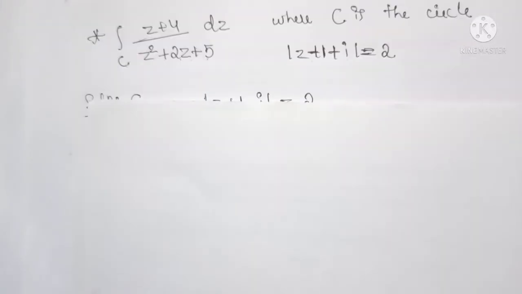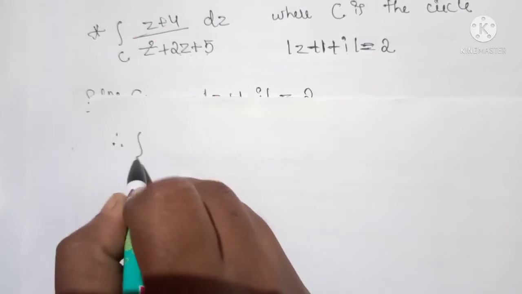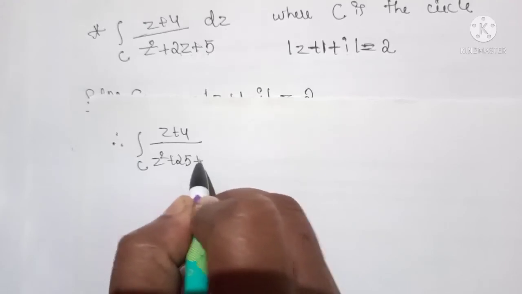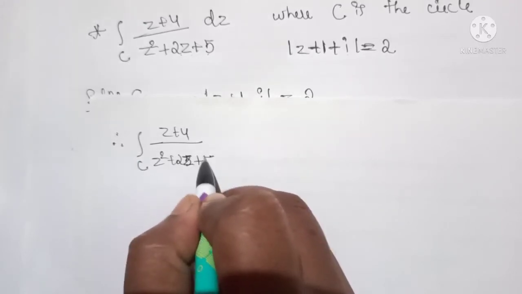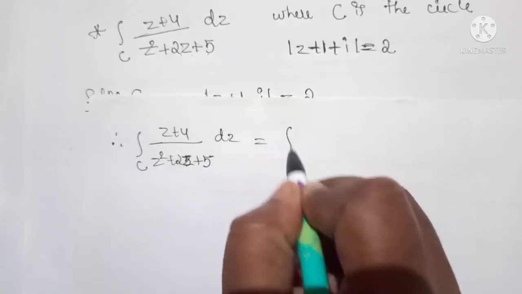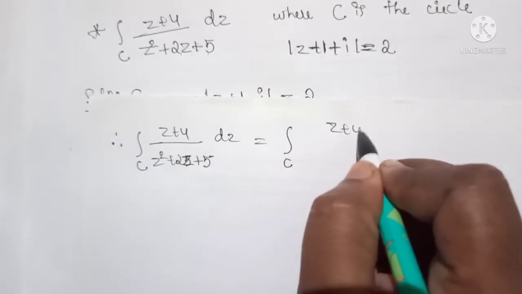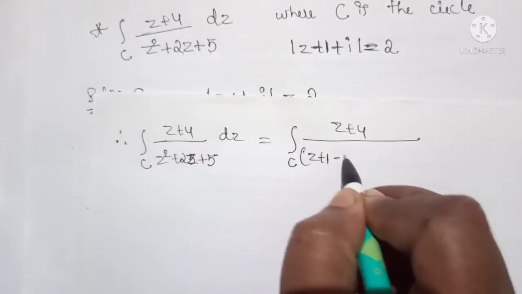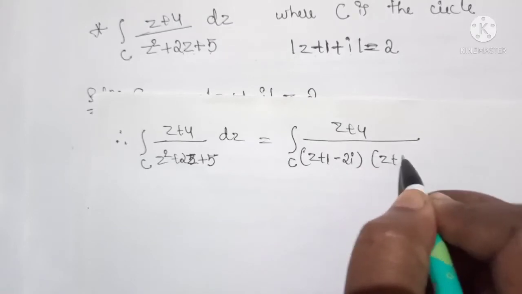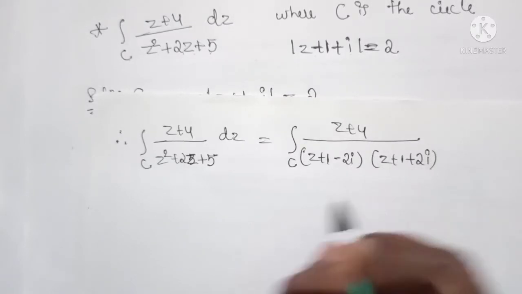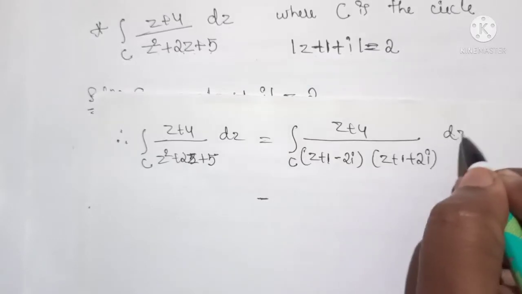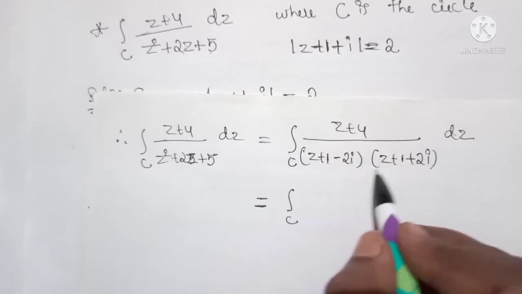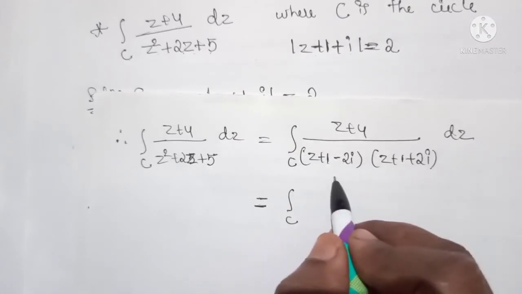Okay, therefore the given integral can be written as integral c of z plus 4 divided by z square plus 2z plus 5 dz, which can be written as integral c of z plus 4 divided by, we write into two factors, z plus 1 minus 2i into z plus 1 plus 2i.